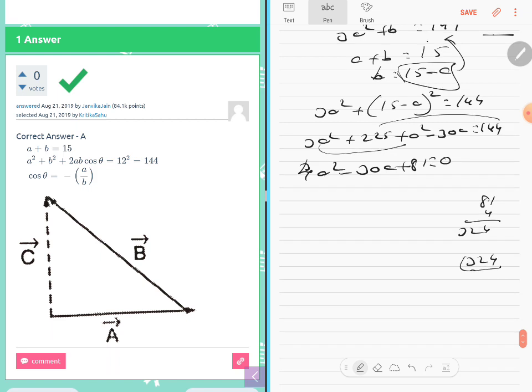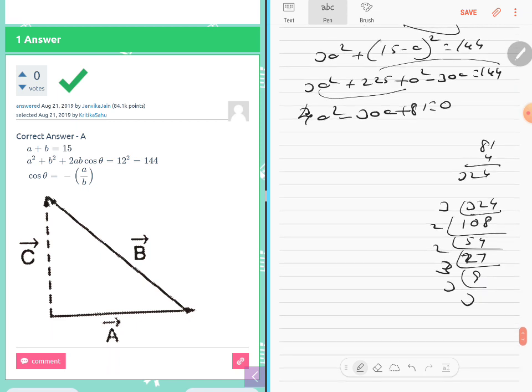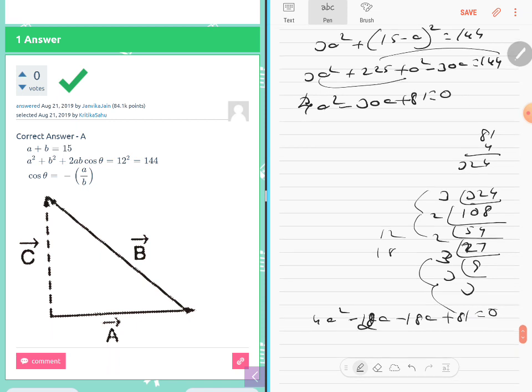I can't even take a 3 out or anything, so I'm going to get into trouble. 12a doesn't work out, so it will change. 4a square minus 18a plus 81 is equal to 0. 9 is common here, no?